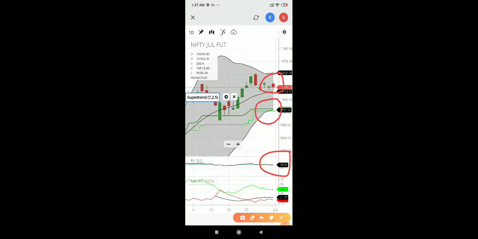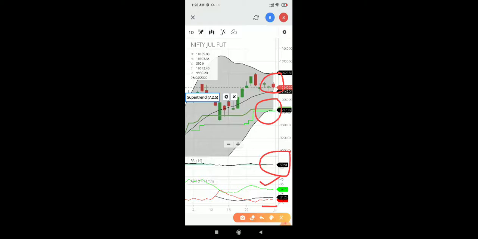In ADX indicator, DI positive line, that is green line, is above DI negative line. This is red line. So with this chart, we can reasonably understand the trend of NIFTY for short term, at least for a week.